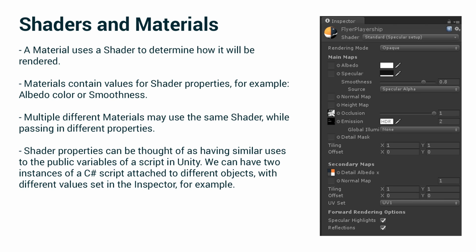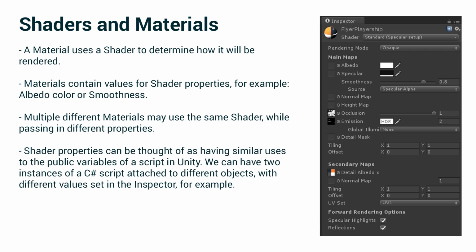If you've worked in Unity before and created materials, the default now when you create a material is to use the standard shader, which looks like the inspector that you see here, right? But you can make the standard shader look all kinds of different ways by passing in different texture maps or normal maps or emission maps or colors. And those are all the properties of the shader, right? So the code of the shader doesn't actually change, just the properties of the shader.